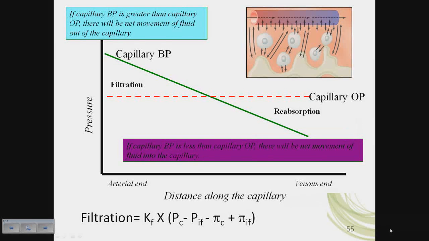So as soon as the capillary hydrostatic pressure drops below capillary colloid osmotic pressure, as soon as our green line is below our red dashed line, now the Starling forces favor inward movement of fluid into the capillary bed.